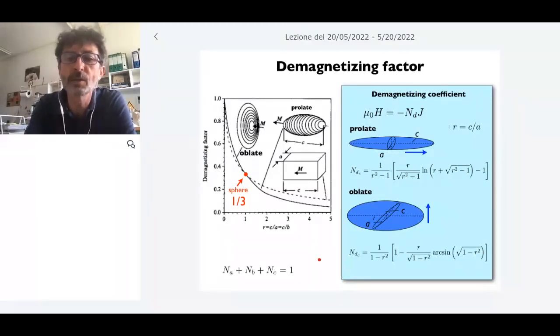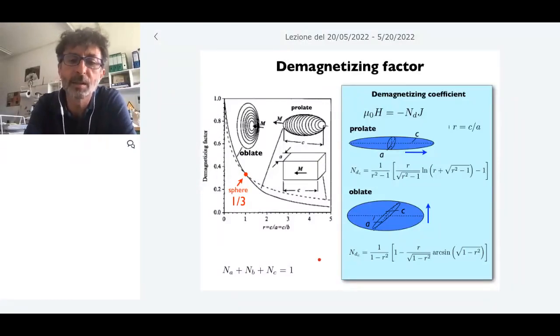So if I want to measure a material that I don't know, that they have created in the lab and they want to observe the property, I need to produce some shape where the demagnetizing effect is minimized, or otherwise I have to take it into account. For example, if I produce a sphere, it would be a good compromise in the sense that analytically, I know that the magnetizing coefficient is equal in all the directions, and so it is equal to 1/3.